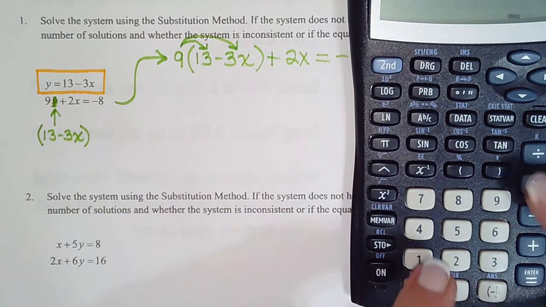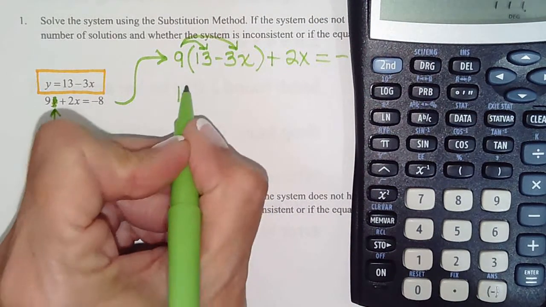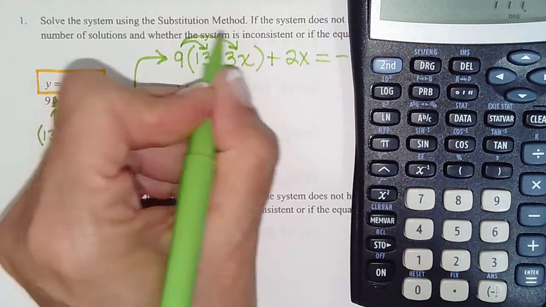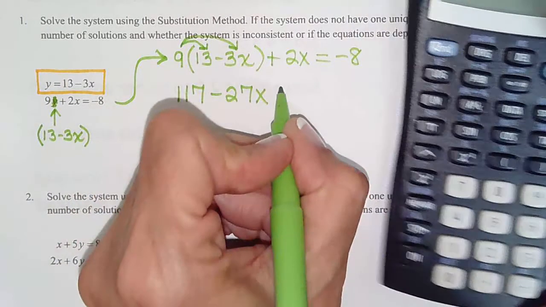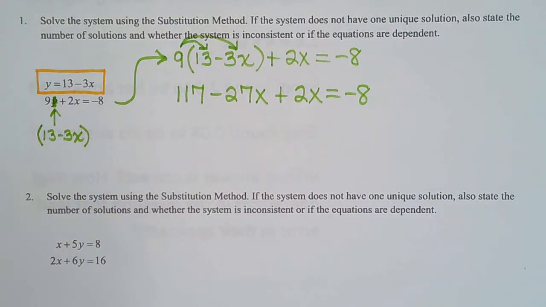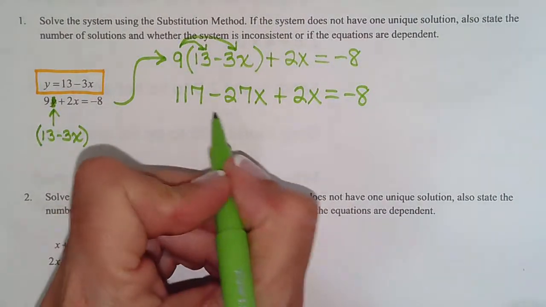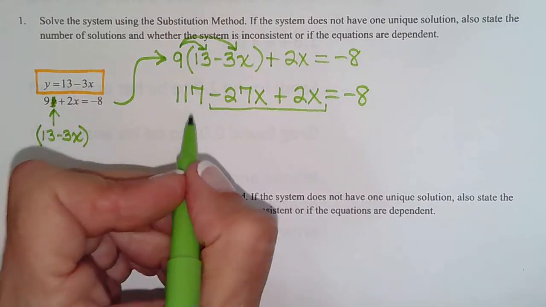So 9 times 13 is 117 minus 27x plus 2x equals negative 8. So the first thing we learned was to get rid of the parentheses, to distribute. Second thing we learned was if there's like terms, be sure and combine them.